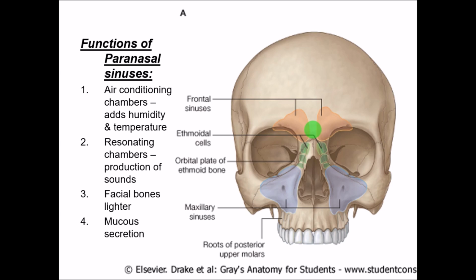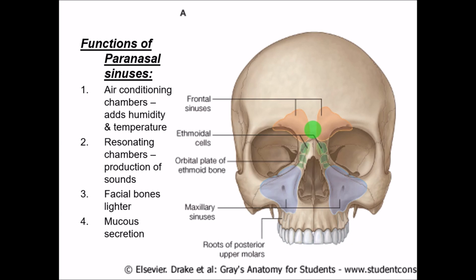Then the fourth one is mucus secretion. These chambers are lined by ciliated columnar epithelium, and along with the ciliated epithelium there are a lot of mucus secreting cells within them. This will be secreting mucus.